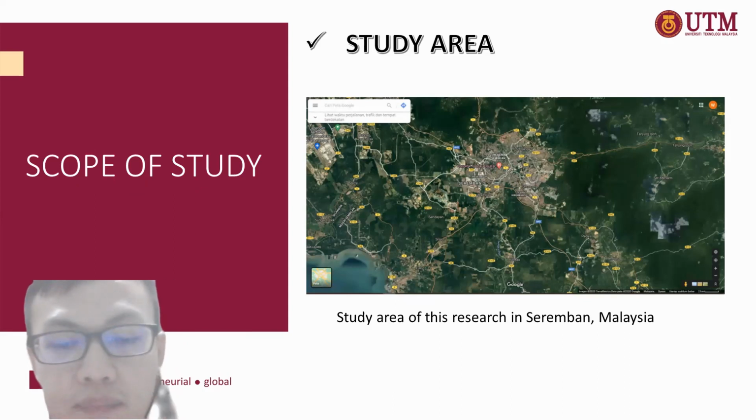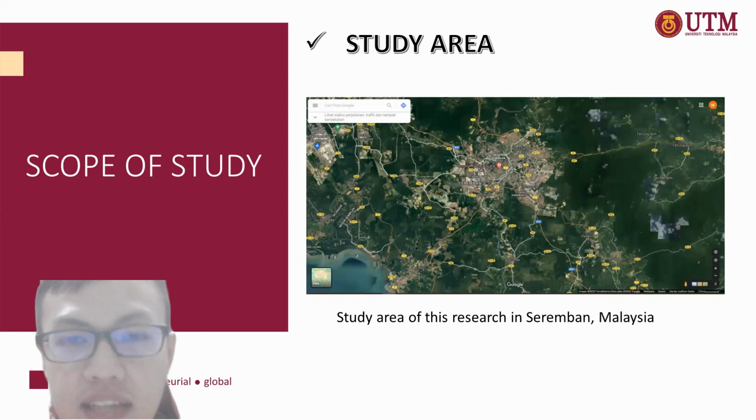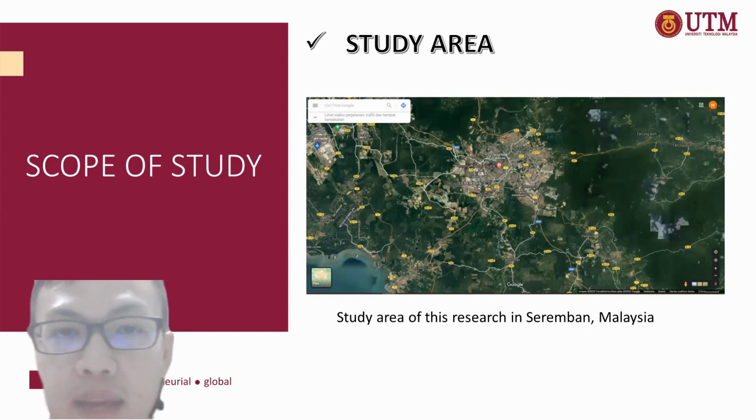In my opinion, I think it is a suitable place to do the classification because it has many classes that can be used to classify. Therefore, I choose Seremban as my study area.